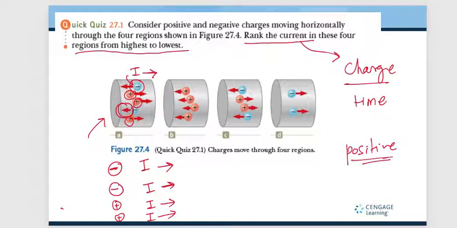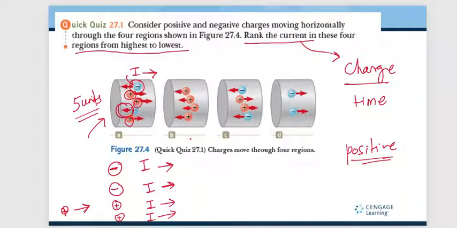So all the current flowing because of these charges is towards the right. How many units are we having? 1, 2, 3, 4, 5 units. So we have 5 units for the first diagram.